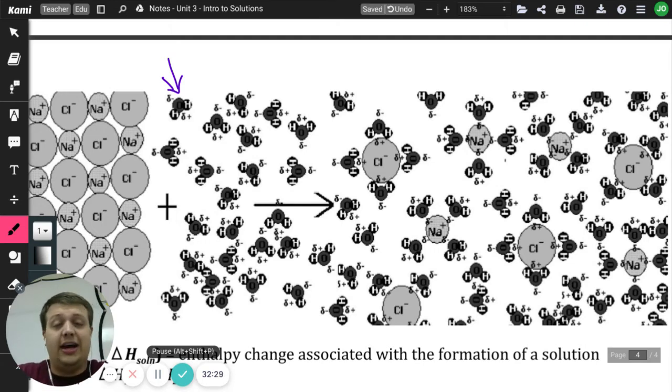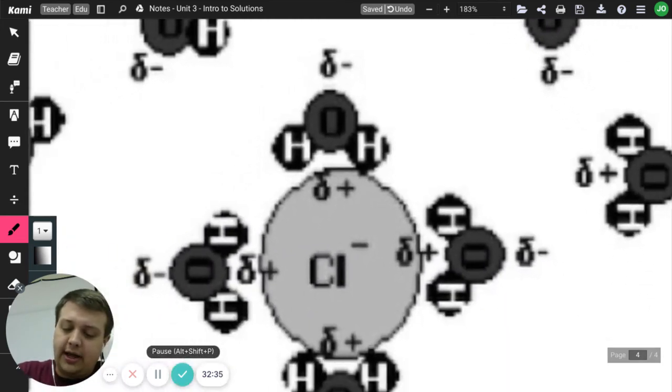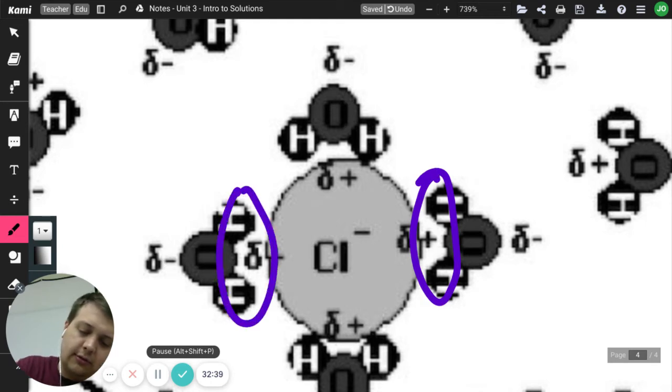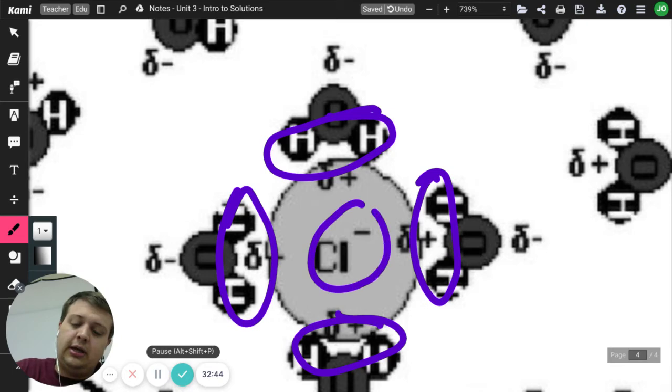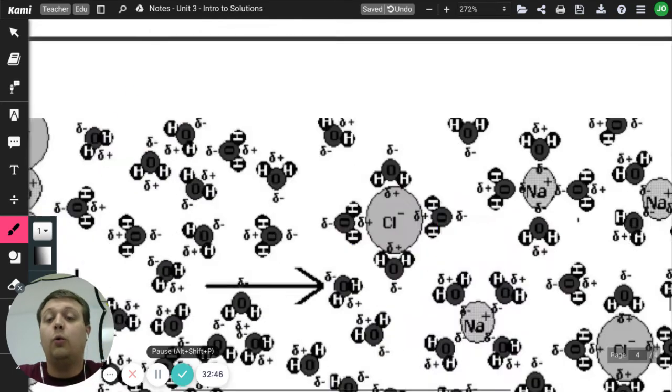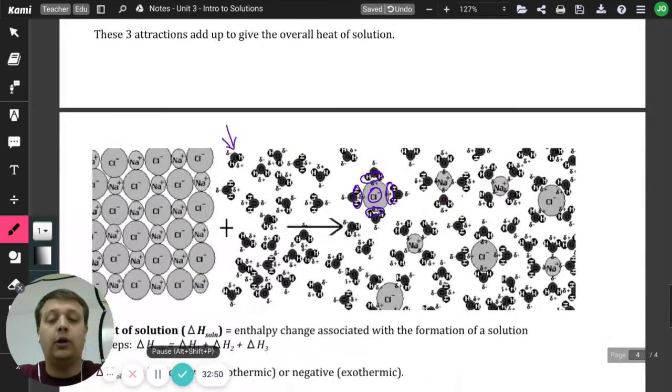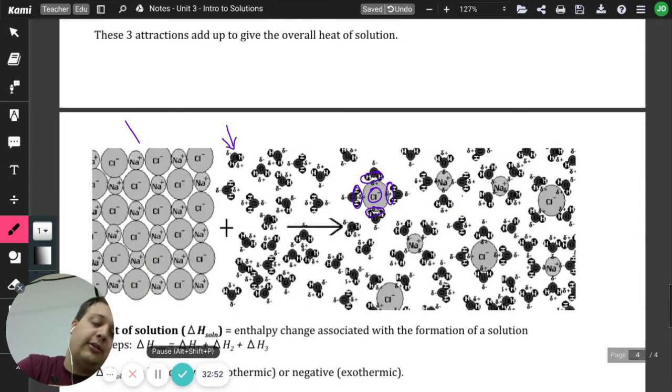And those waters are attaching to the sodium and the chlorine, and they're going to be pulling it apart. Again, recognizing that here I've got a positive end. So this is all positive. And it was attracted to the negative chlorine there. Why? Because they're opposite charges, right? And so we know that this substance is ionic and this substance is a polar covalent compound.